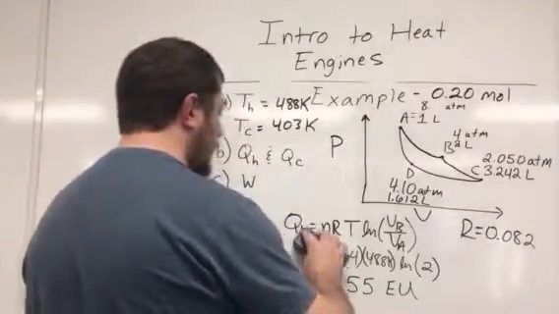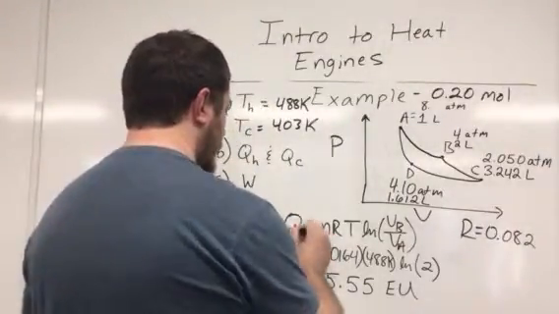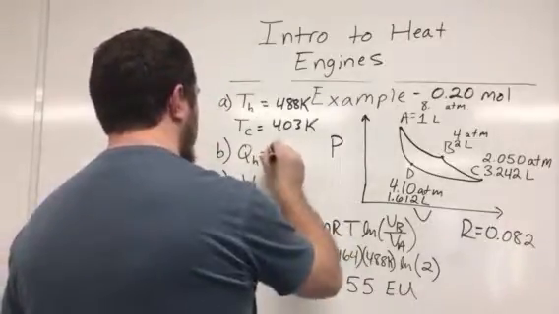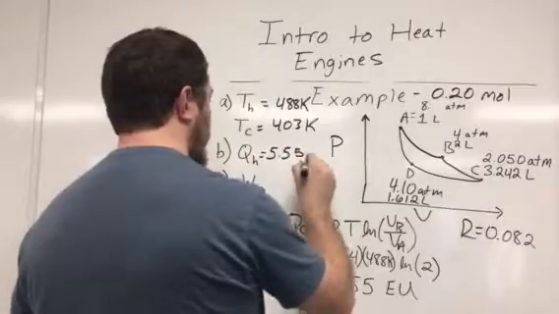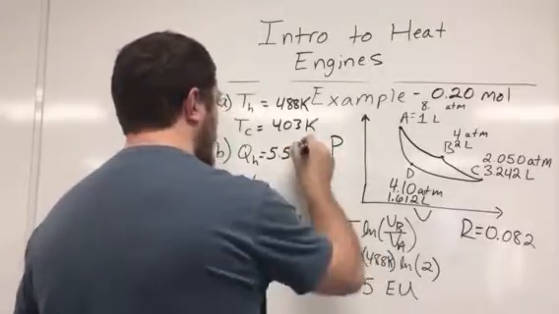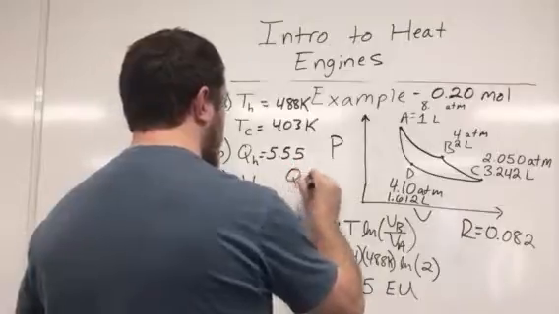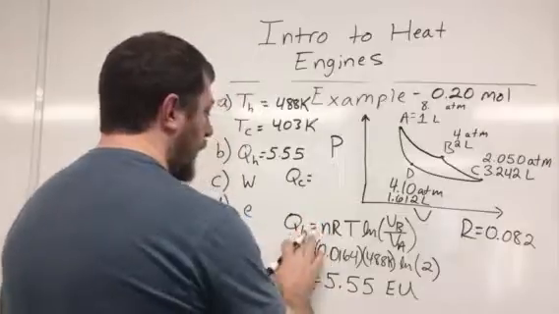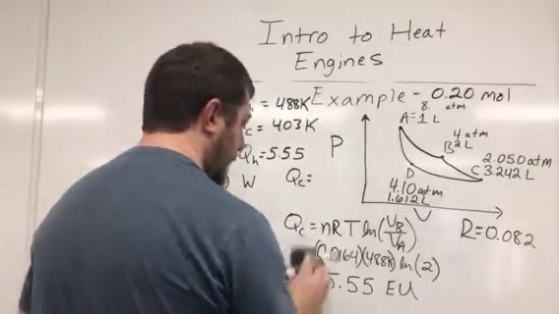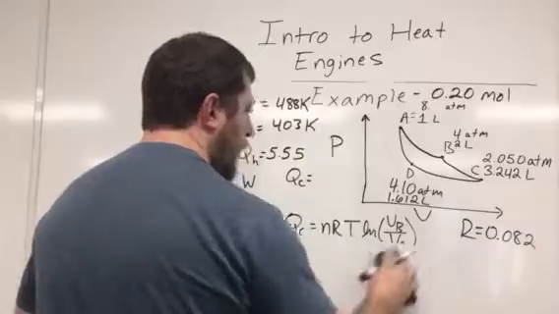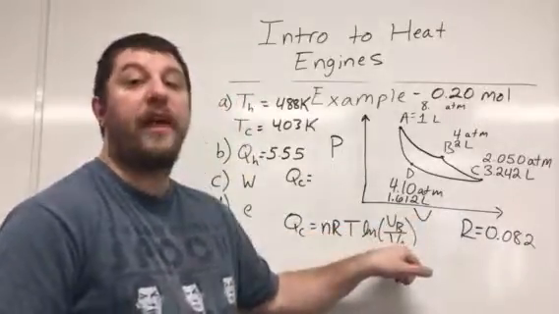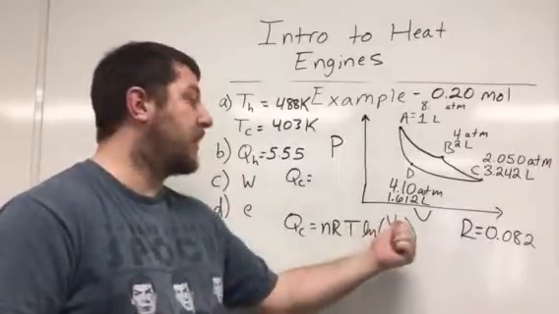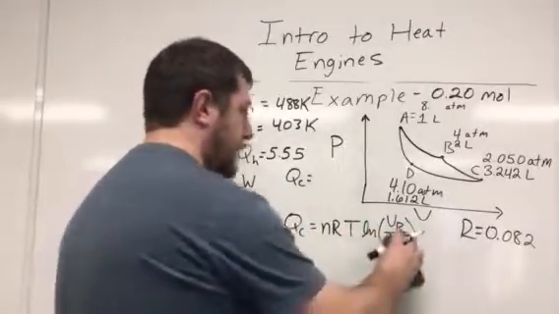So now the Q cold. This should be Q hot. Whoops. So now Q cold. Instead of VB over VA, we're going to take VD over VC, but again, we get the minus sign, so this is going to be VC over VD.